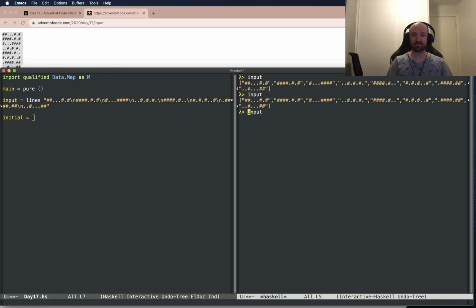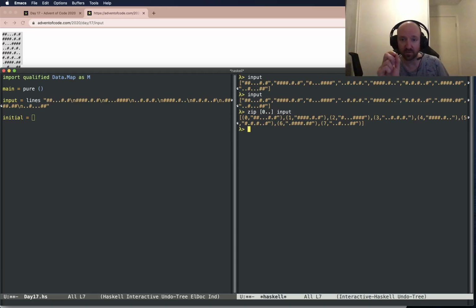We've got our input. We can zip 0 across that. So now each line is tagged with its, what would you call that? The J coordinate maybe, or I coordinate.